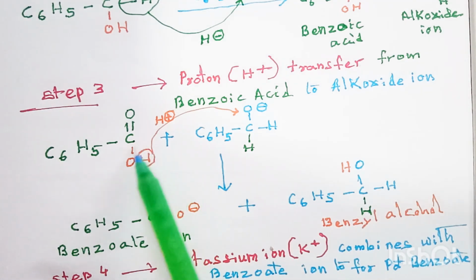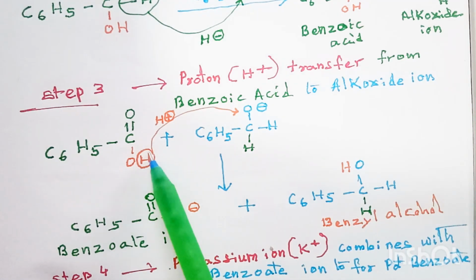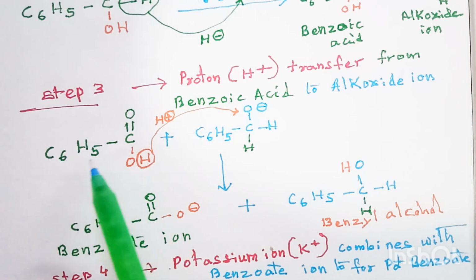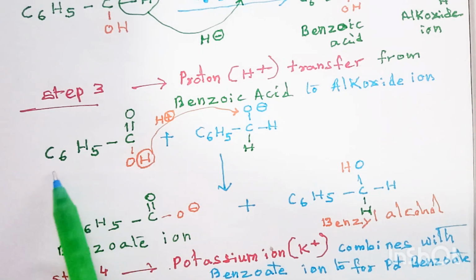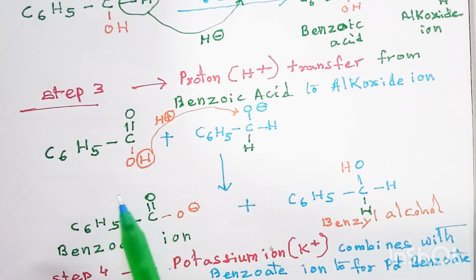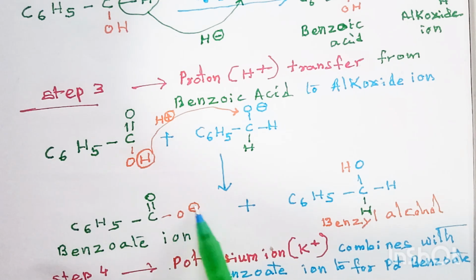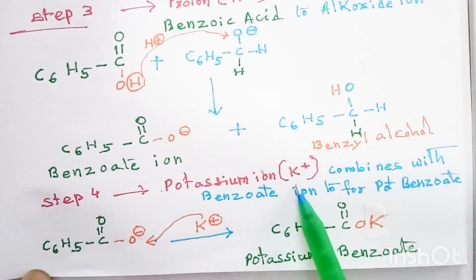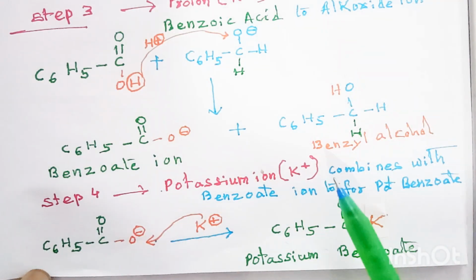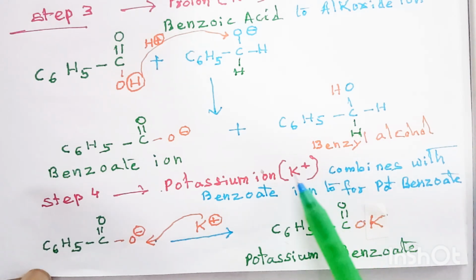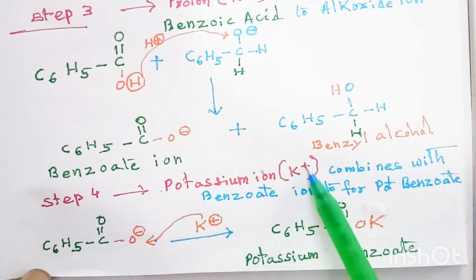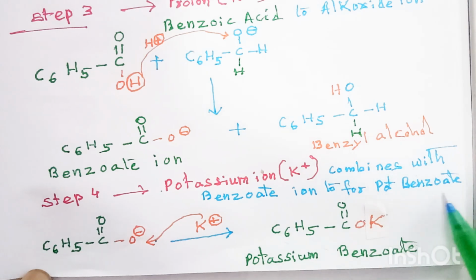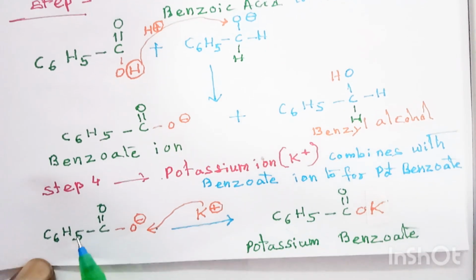After losing this proton, this benzoic acid becomes benzoate ion, that is C6H5 C double bond O minus. This is benzoate ion. In step 4, potassium, which was left behind by OH minus, this potassium ion K plus combines with benzoate ion to form potassium benzoate.